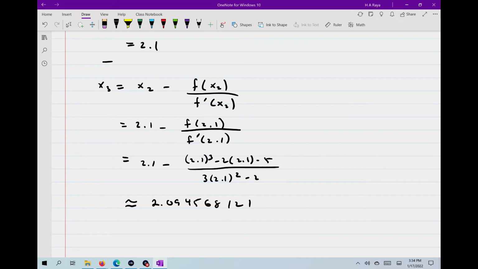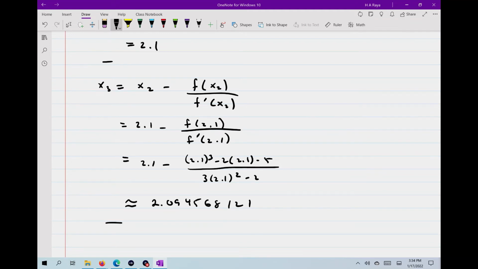And in these problems, these decimal places do matter. In this case, we're done. The approximation x3 is approximately this number. If you want a better approximation to the zero, you can repeat the process and get x4, x5, and so on and so forth.